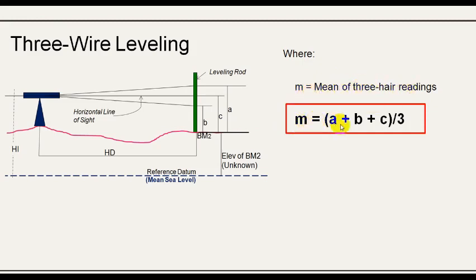To compute that, we add A, the upper stadia hair, the lower stadia hair, and the horizontal crosshair, and get the average: A plus B plus C divided by 3.